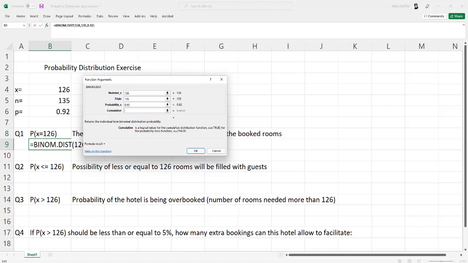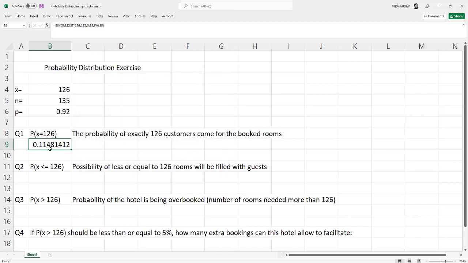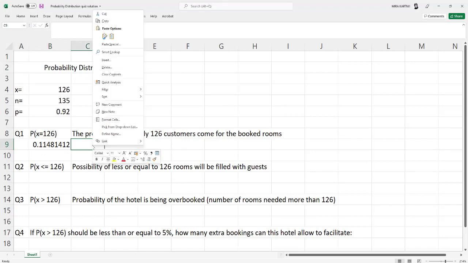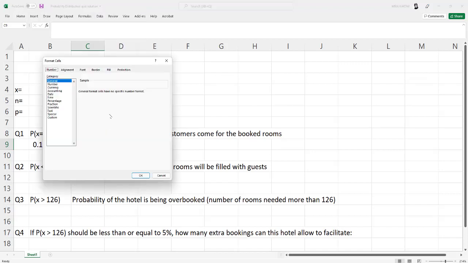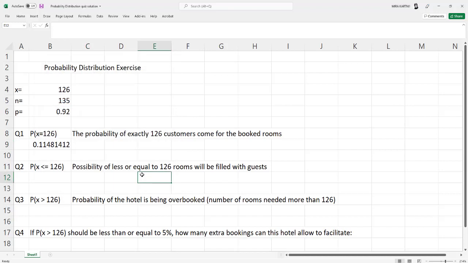True is if we want a cumulative probability, but because we only want exactly 126 and this is not cumulative, we put false. Then we click OK. As you can see, this is 0.11, which is around 11%. If you want to put it in percentage, perhaps you can format it.